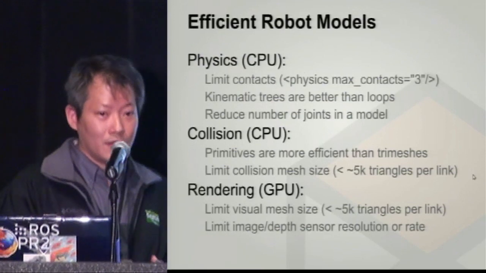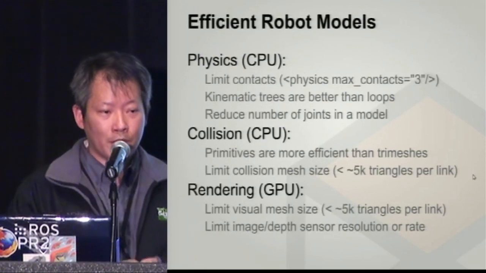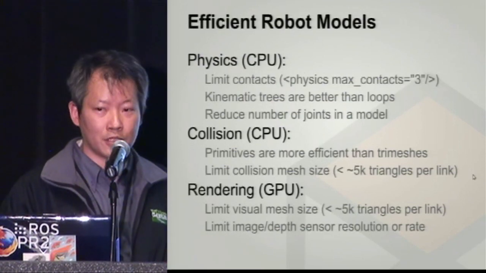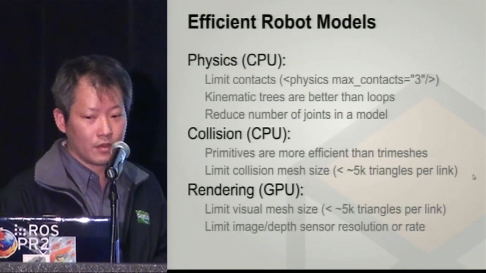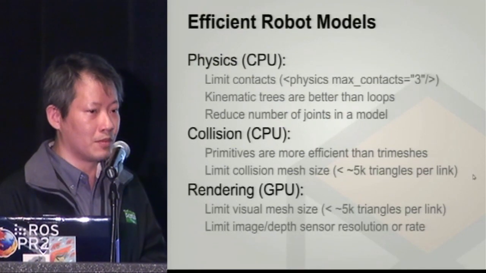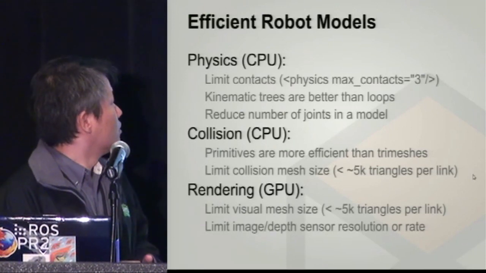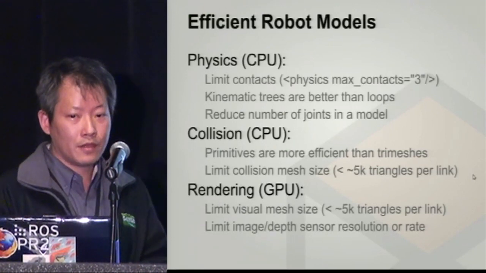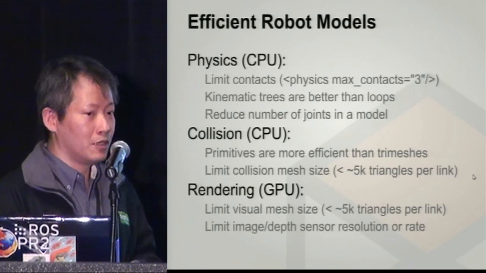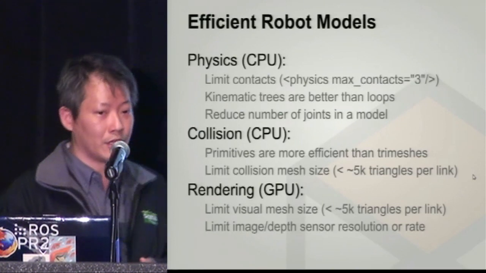So another thing to keep in mind when building robot models is how to keep it efficient, especially as a lot of applications require real-time or near real-time performance. There's a couple of main bottlenecks that I listed here. They are physics, collision, and rendering.